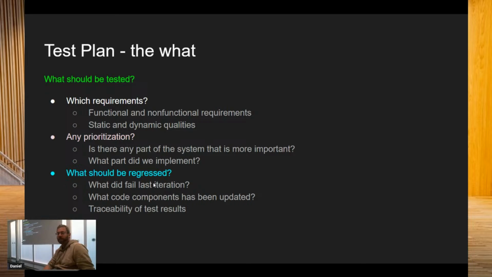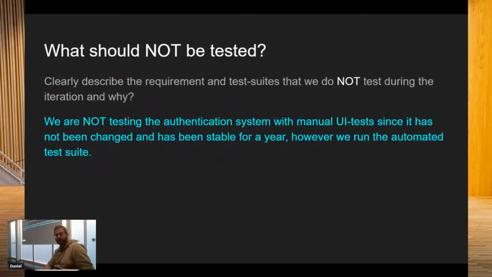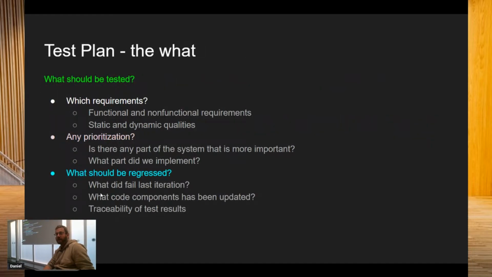And what should be regressed? What did fail last iteration? What code components have been updated? So it makes sense that if we have released a version and we have a bug, or a part of the system that we understand doesn't work, of course we're going to work on that part and test that part again.